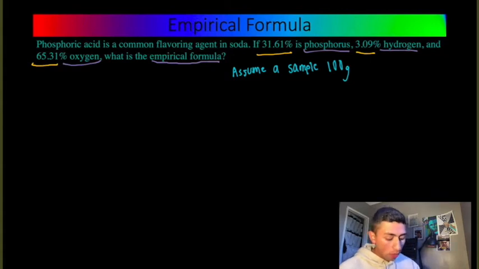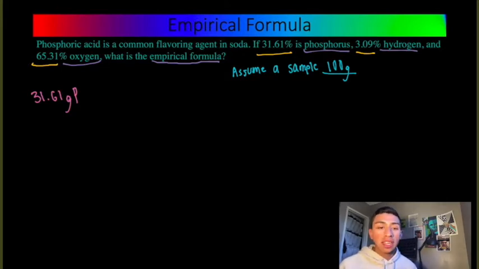So if I have a sample of 100 grams, how many grams of phosphorus do I have? Well, if I have 31.61% of phosphorus, I essentially have 31.61 grams of phosphorus.